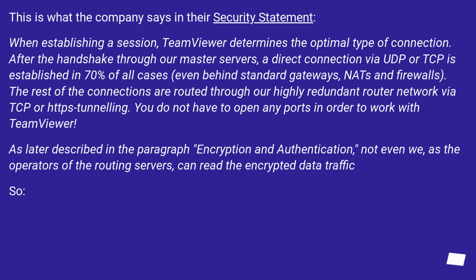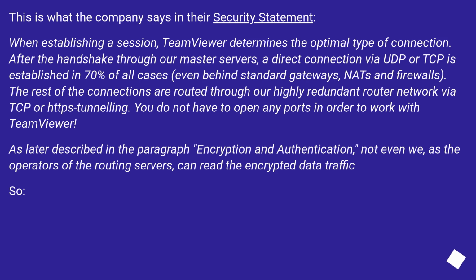The rest of the connections are routed through our highly redundant router network via TCP or HTTPS tunneling. You do not have to open any ports in order to work with TeamViewer. As later described in the paragraph encryption and authentication, not even we, as the operators of the routing servers, can read the encrypted data traffic.